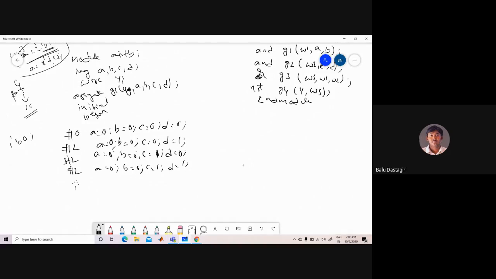After specifying all the 16 test patterns, I can end the initial module. The time units I am specifying are your wish. Depending upon your thinking and your programming skills, you can assign these time units.